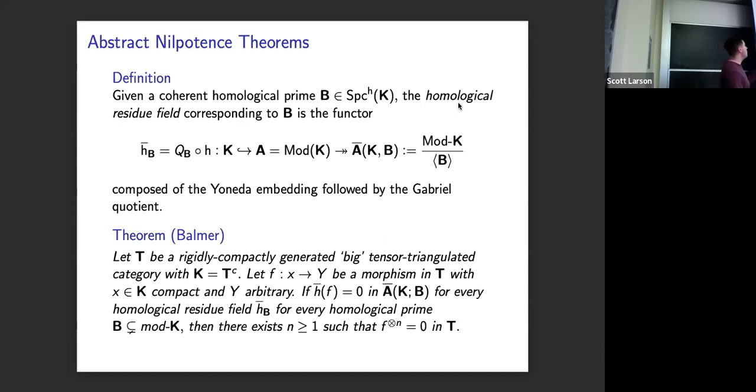So given a homological prime, an element of SpcH of K, Balmer defines this thing called a homological residue field, which is the composition of Yoneda with the Gabriel quotient by the localizing subcategory generated by B. And the theorem is that if you have a rigidly compactly generated big tensor triangulated category T with compact part K, and you take a morphism f from X to Y, where X is compact and Y can be arbitrary, and this morphism vanishes for all of the homological residue fields, then that morphism is tensor nilpotent in T.